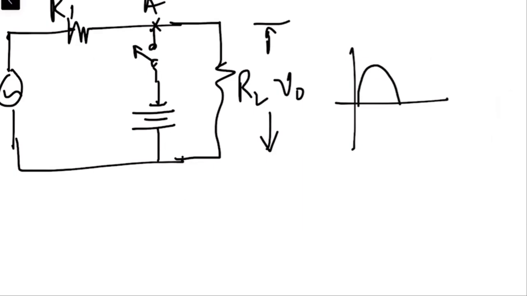And as long as RL is very, very big compared to R1, the impact of R1 will be negligible. And once that is negligible, we can say the output is just following the input.